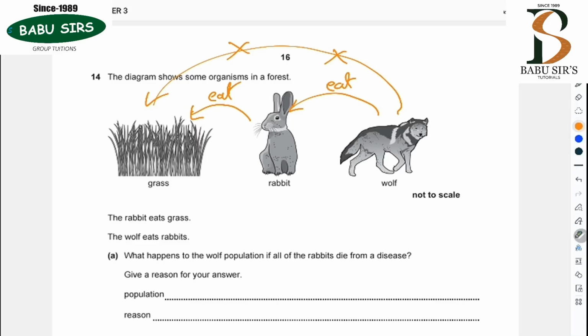What happens to the wolf population if rabbits die? If rabbit is not there, the wolf population will decrease because of hunger, because they will have no food to eat.